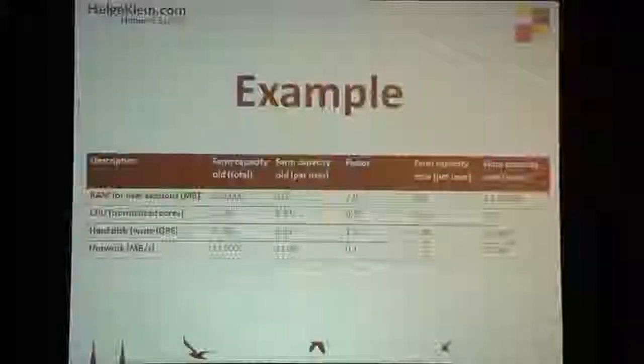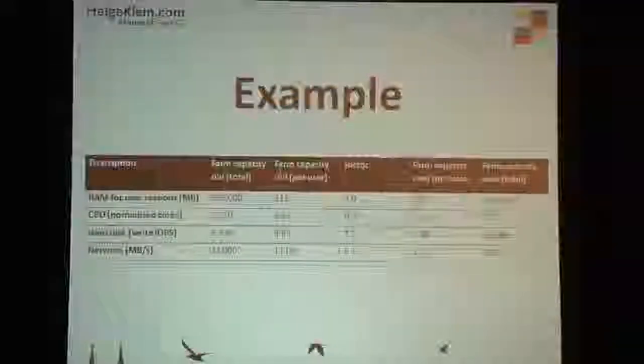To give you an example, what we're trying to achieve is the result of this talk. I'm concentrating on these 4 main components of each XenApp server, which is RAM, CPU, IOPS, hard disk performance, and network.